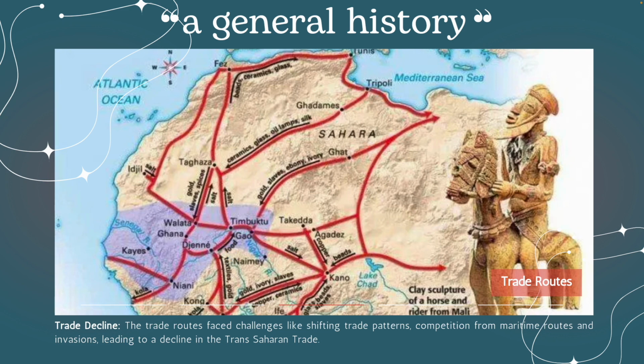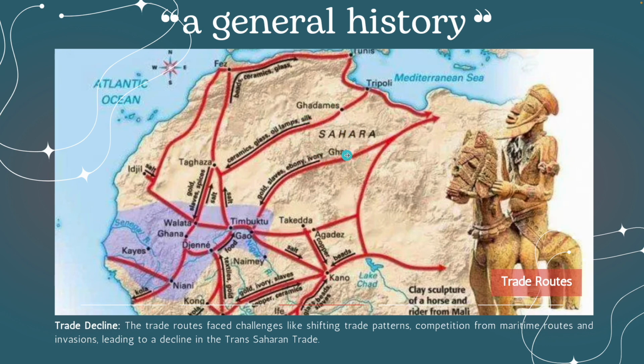Okay? So the middle route was from Tunisia, and Tunisia is somewhere over here. The middle route was from Tunisia via Ghadames, however you choose to pronounce that. And it would go all the way to Ghat, which is here. So there was another route that would go there.